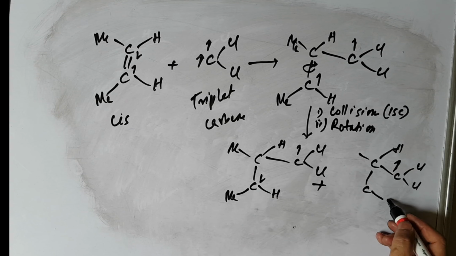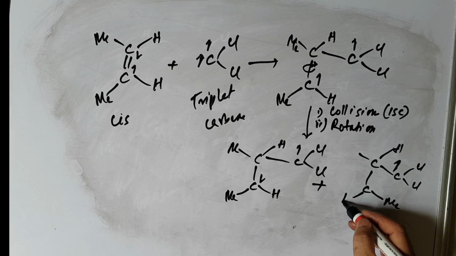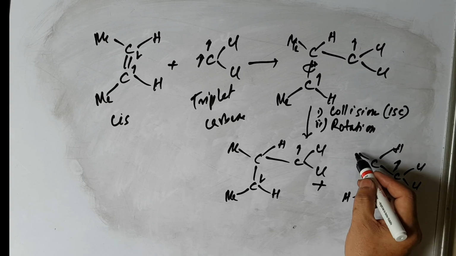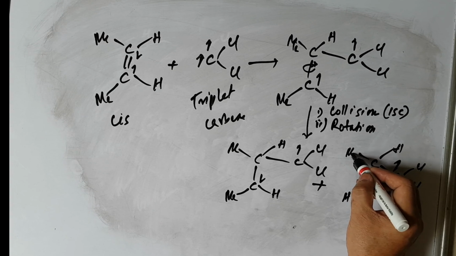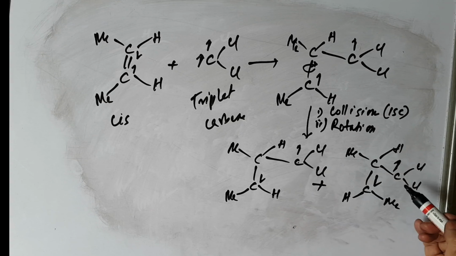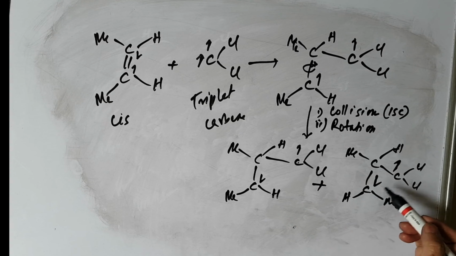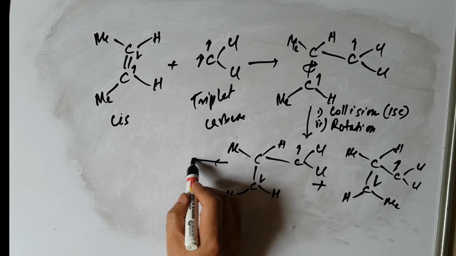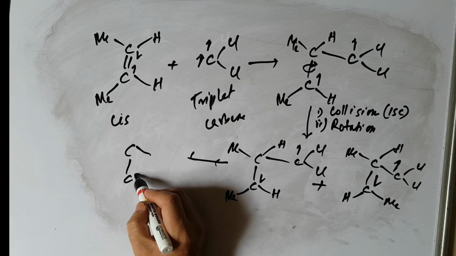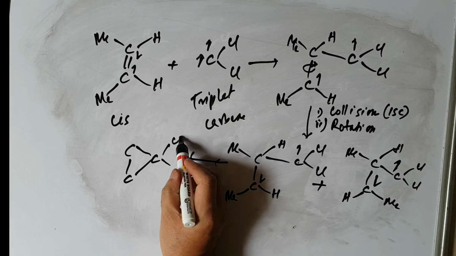So methyl will come here and hydrogen here, and the spin is down. So these two can combine by Pauli exclusion, and this will give the cis product.